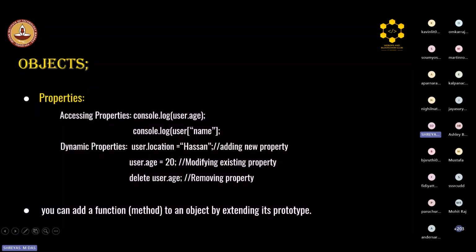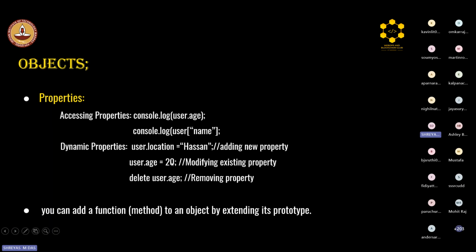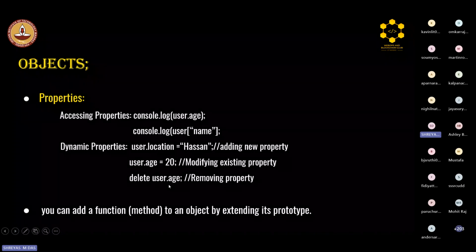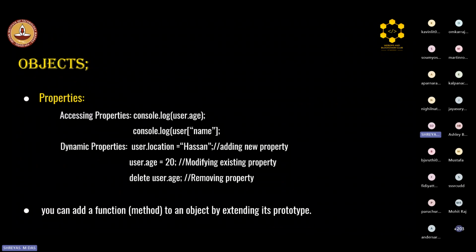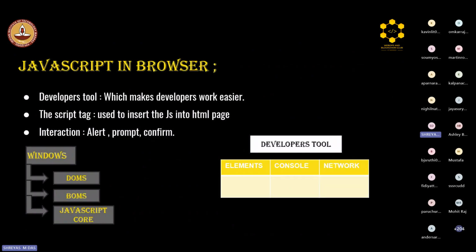So if I write user.age equal to 20, it will get modified to 20. Next, I can delete a particular property by using delete user.age. So like this you can access the property, access the object values and modify them.